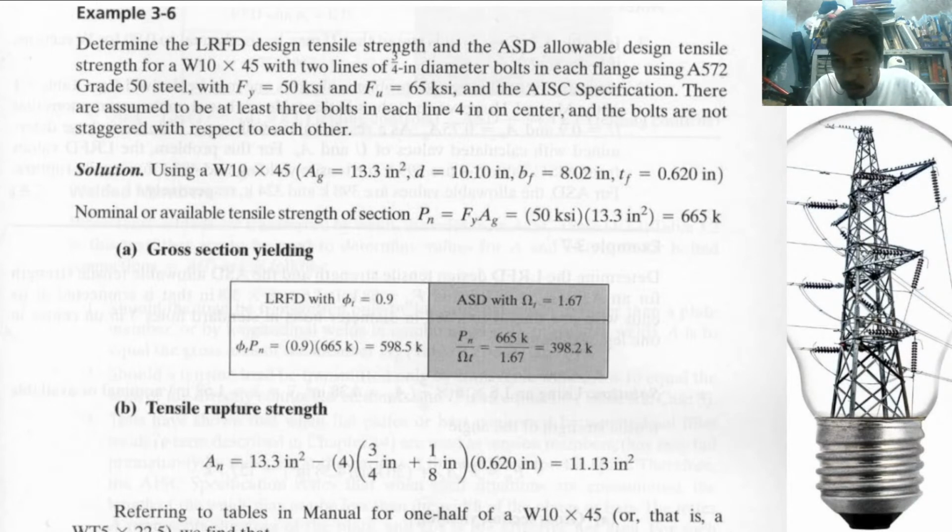So according to Josh, shout out to you, 29,000 KSI is equal to 199 billion 947 million 961,584 Pascal.